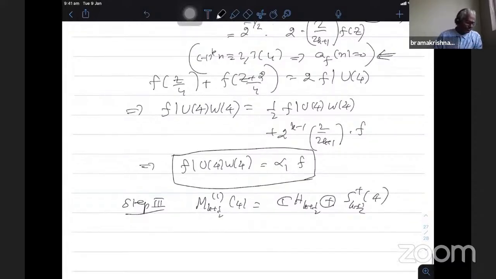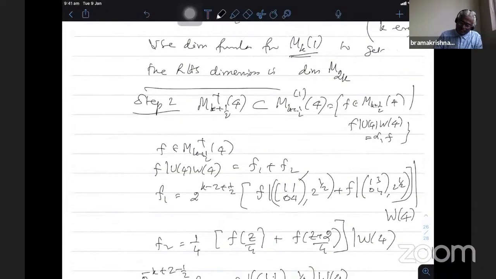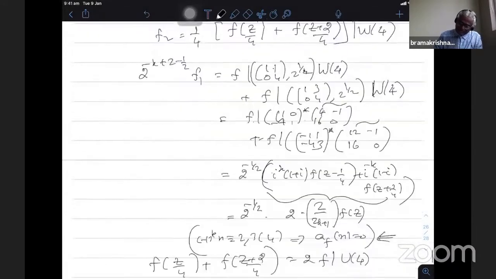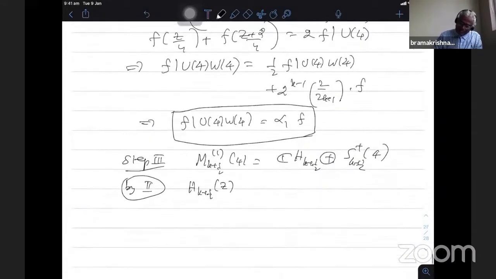Okay, so what is the time? I think it is 12:15. Okay, so by step 2 we have H k plus half. It is in the plus space, and the plus space is contained in the 1 space, that's step 2, right? Therefore, this H k plus half belongs to M k plus half plus of the 1 space.